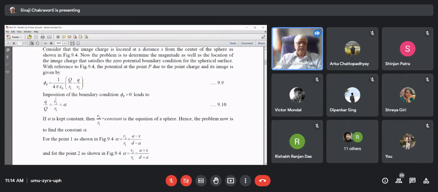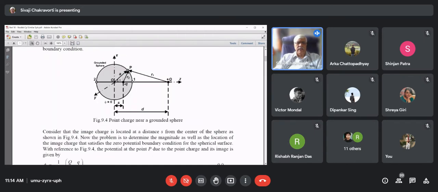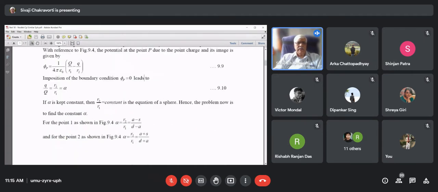Now, if I take this ratio as a constant alpha, and if R2 by R1 is equal to a constant, look at this diagram. If this is the constraint, then what you get is a spherical surface. This is very standard geometry, so no big mathematics involved here.